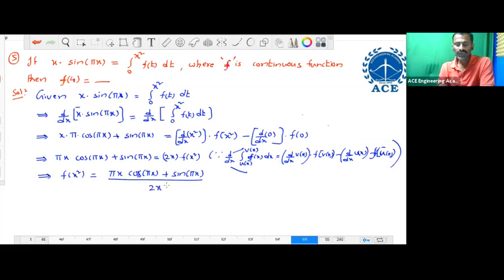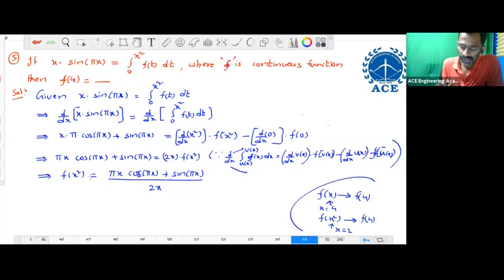Up to here we got the function, so we can find the value of the function. If you know f of x, then to get f of 4, we write 4 in place of x. Suppose you know the f of x square function; to get f of 4, in place of x we write 2. Here the function is f of x square, that is, to get f of 4, just substitute x equal to 2 on both sides.